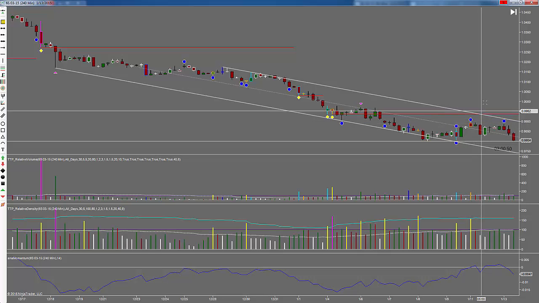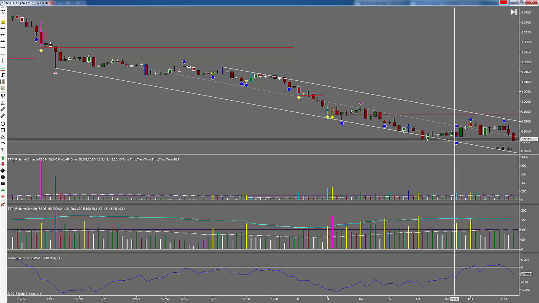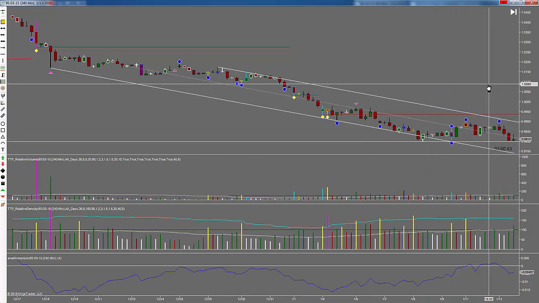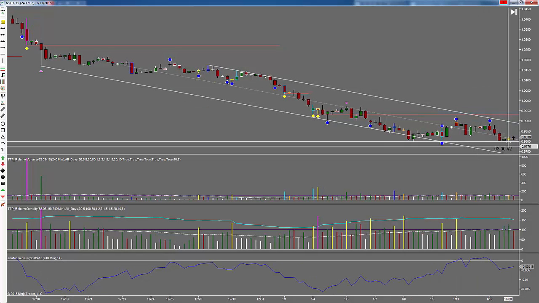Supply is coming into the market at that point, and then it drifts down and breaks this low. So it's testing this low, just barely breaking lower, right?